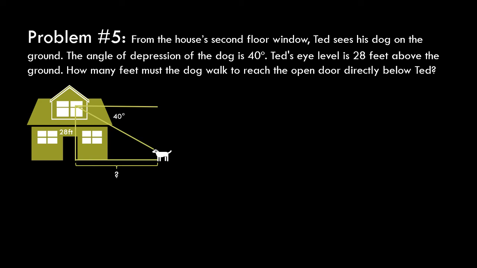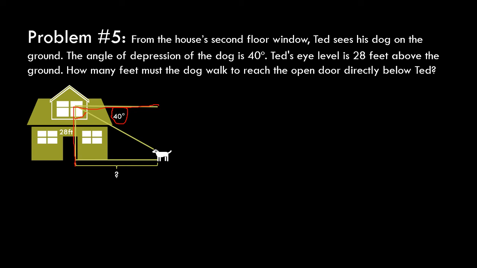So, in order to use the trigonometric functions, we need to use an angle inside the triangle. However, 40 degrees isn't inside this said triangle. So what should we do in order to find the angle inside this triangle? As you can notice, these two angles, the 40-degree angle and this angle inside the triangle, form a right angle.